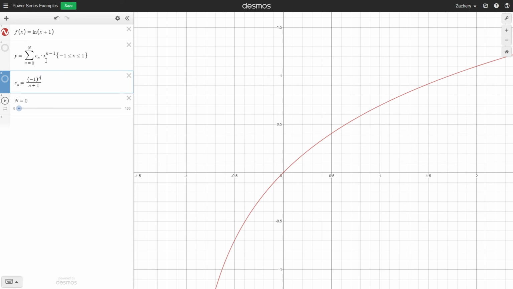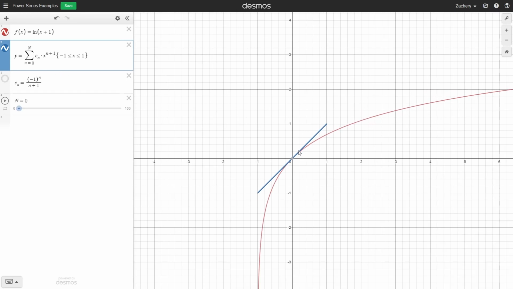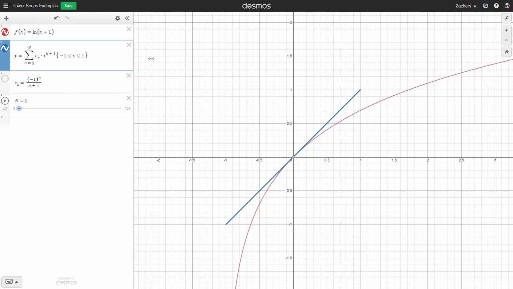And then also here, I need to change this n minus 1 to an n plus 1 to match what we had. Okay, so let's show this again. So you can see, oh yeah, it goes through the origin there. Good. And yes, it is ln of x plus 1.